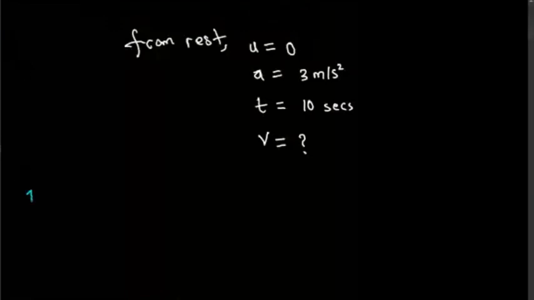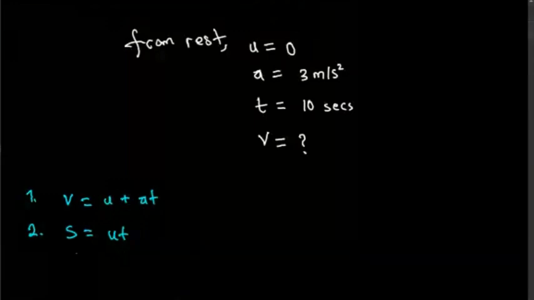So what's our first equation of motion? Let's write that down first. V is equal to U plus AT. Our second equation of motion is S is equal to UT plus or minus 1 over 2 AT squared, because it can be negative sometimes. I will tell you when it's negative.